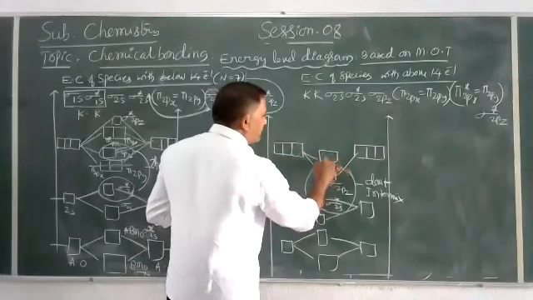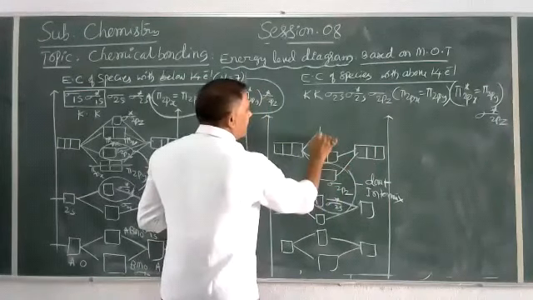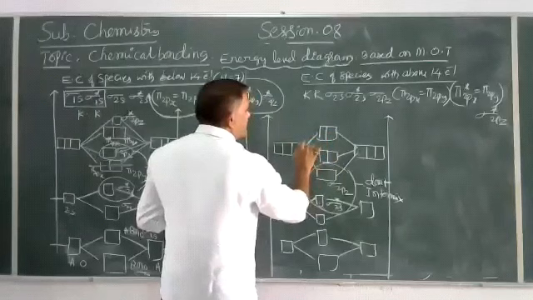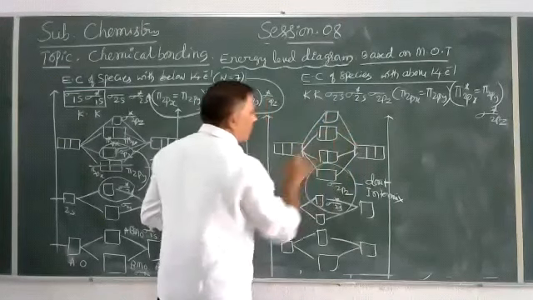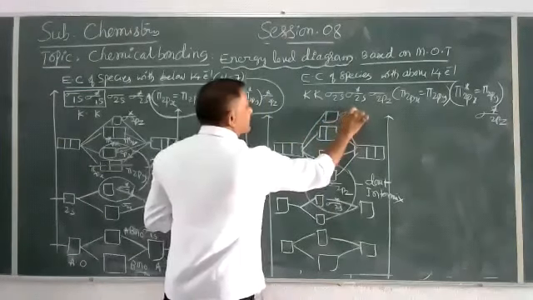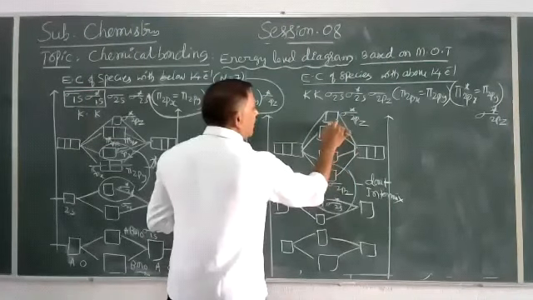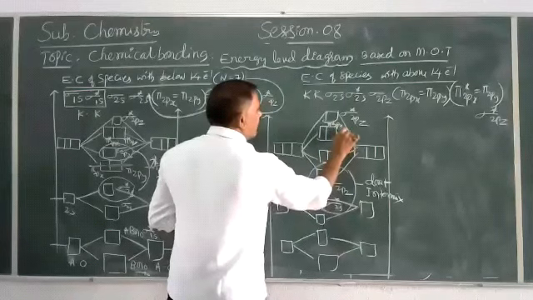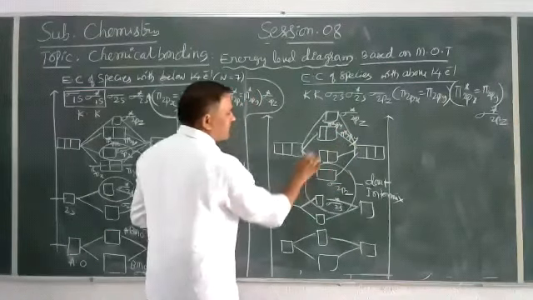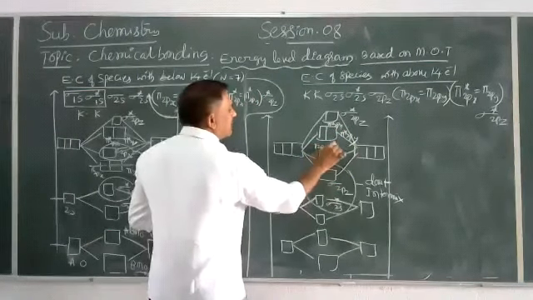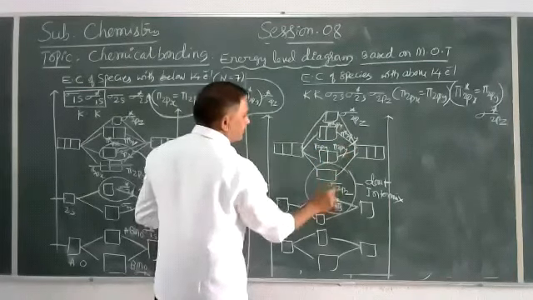Then here we can write like this. In both cases, the anti-bonding molecular orbitals above are the same. This is the sigma star 2pz. This is the pi star 2px, pi star 2py. This is the pi 2px, pi 2py. This is sigma.